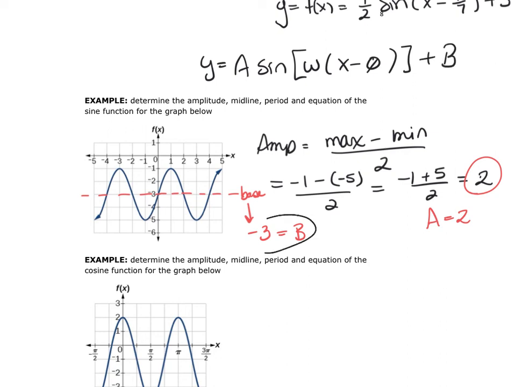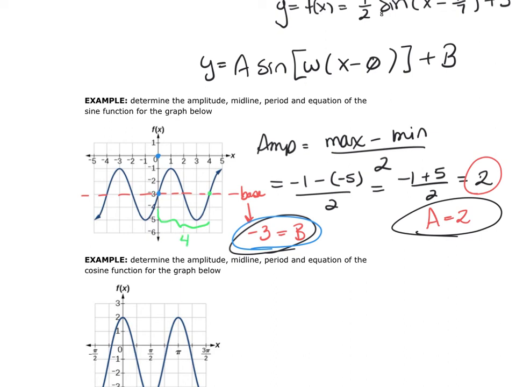So I found the b, I found the a. Now, normally I would start at 0, 0, but I'm not starting at 0, 0. I'm starting at 0, -3, and that's taken care of by this part. I have the fact that I should go into a total period of 0 to 2 pi. The distance traveled for my sine wave for one period here happens to be 4.